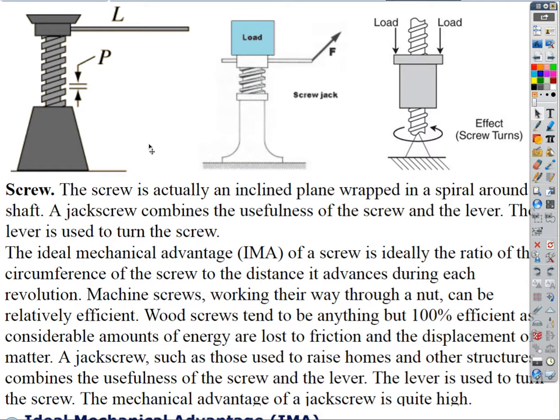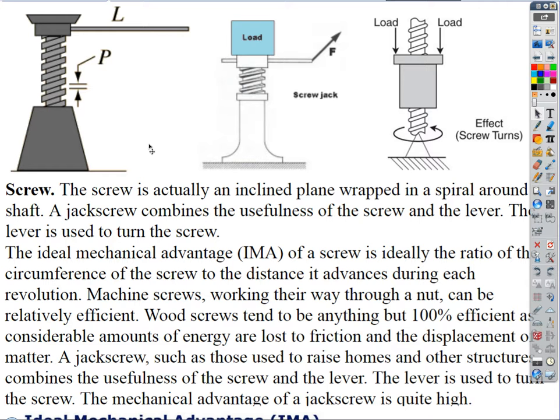What's the input distance? Circumference of the screw. Circumference of the screw. It's one revolution. Oh, how about that? Yeah. When you turn that screw one turn, what have you done? You've moved the outside of the screw, the outer edge, through a circumference of 2 pi L, right?